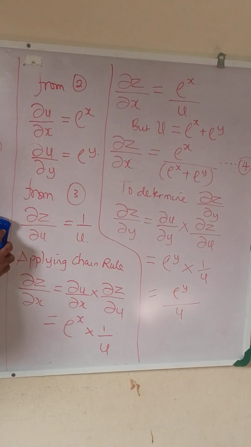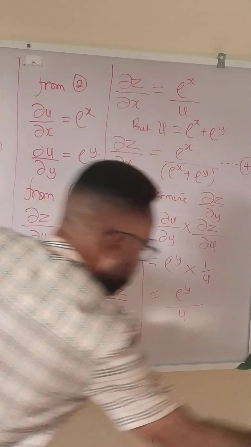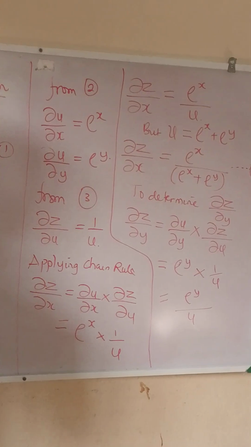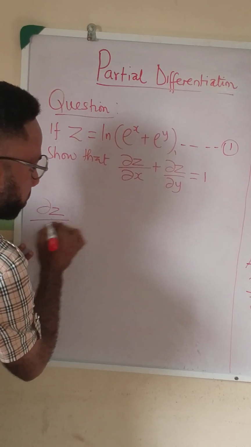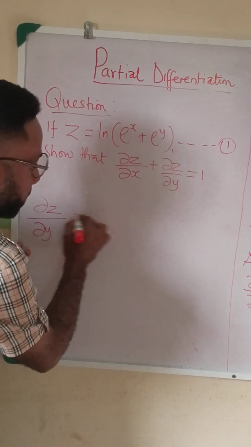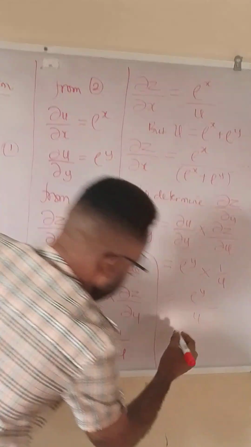Let's move to this side of the board. If we move to this side of the board, we are going to have that our partial derivative of z with respect to y is equal to e^y over u.